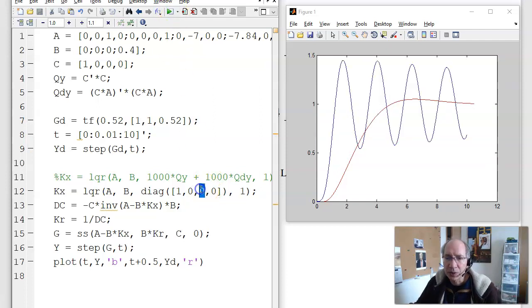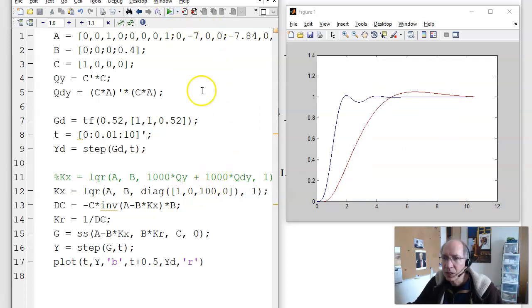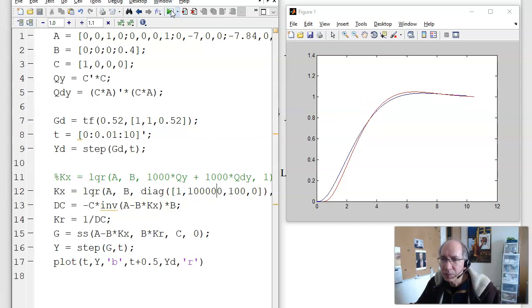So let's increase the weighting on X dot. That got rid of the oscillations. And let's see what happens when I change this number. Increase the weighting on theta, I mean, the second state. And not a huge impact. Well, not too bad. Well, that's pretty good. So these are just knobs to play with.